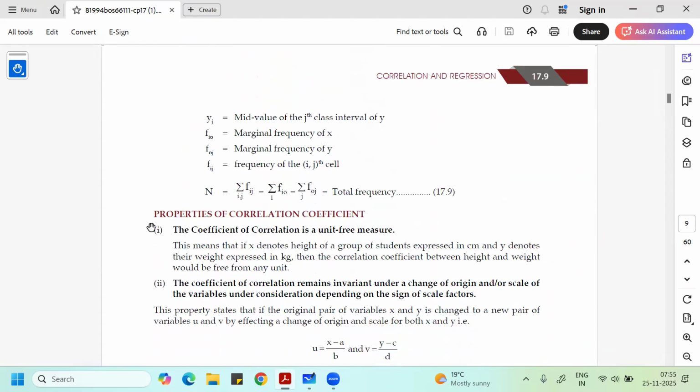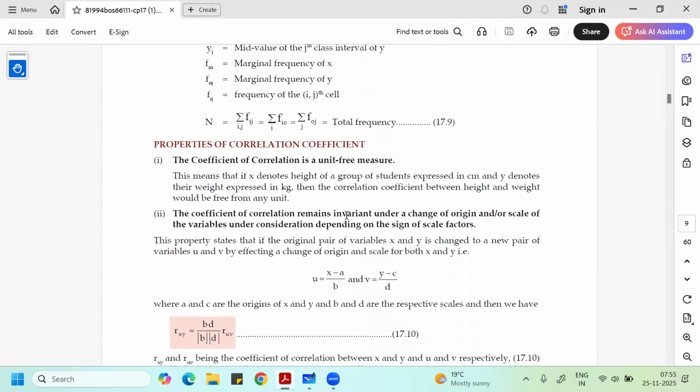So these are the properties of the correlation coefficient. You can go through these properties. You will get numericals based on the equation form of correlation coefficient questions.